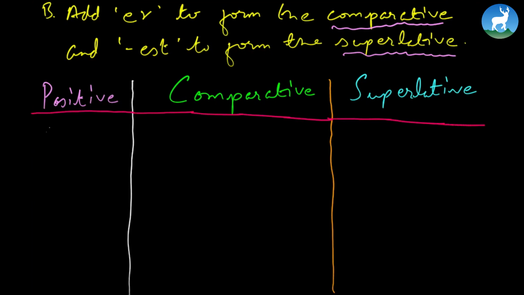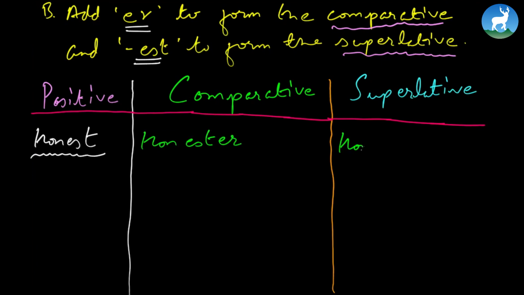Now, if I give you an example, honest is an adjective, and this is in the neutral form, the first form. Now, as per the question, it says add er to form the comparative, est to form the superlative. But if I write honester in comparative, and honestest, h-o-n-e-s-t-e-s-t, in superlative, as per the heading I should be right.